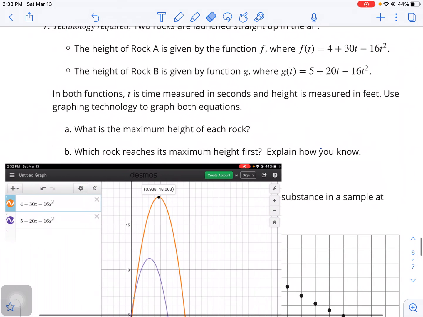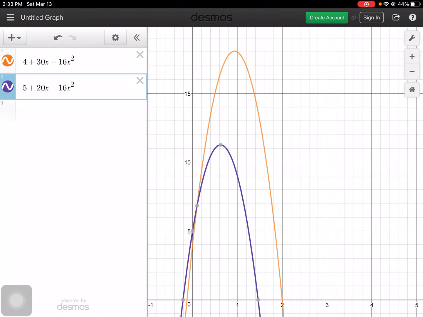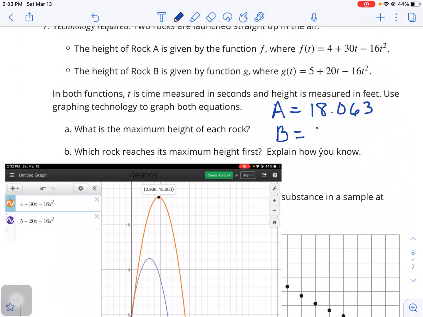Rock A. So rock A has a maximum height of 18.063, and rock B has a maximum height of, that blue one over here, 11.25.